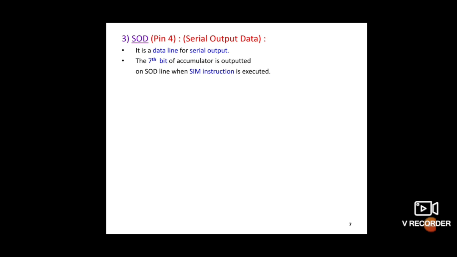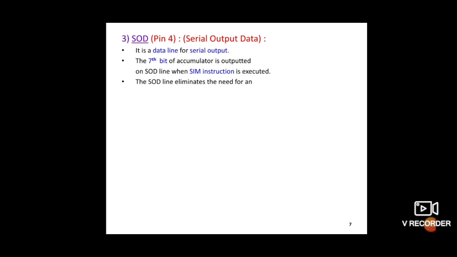The accumulator is a register. The 8085 is an 8-bit microprocessor, and all its registers are 8-bit registers. So the accumulator is also an 8-bit register, and its 7th bit position is output on the SOD line when the SIM instruction is executed. SIM means set interrupt mask. This instruction we will see later, but remember SOD is used for the SIM instruction.